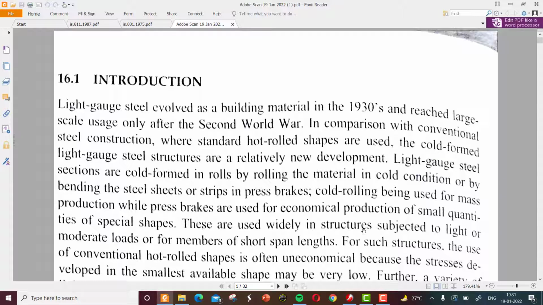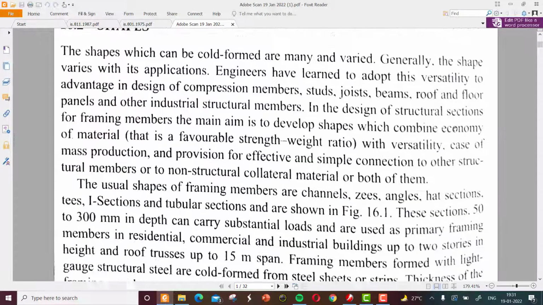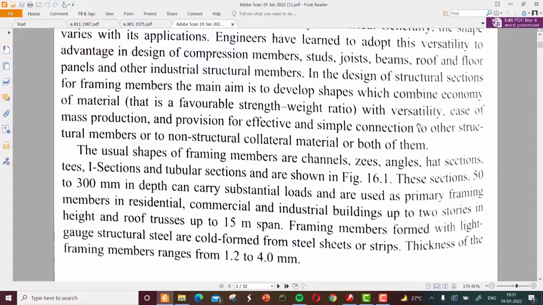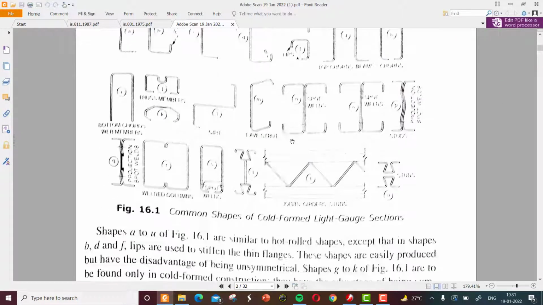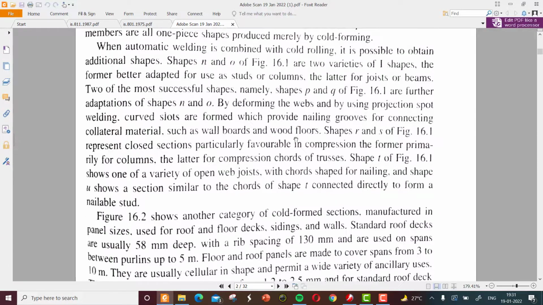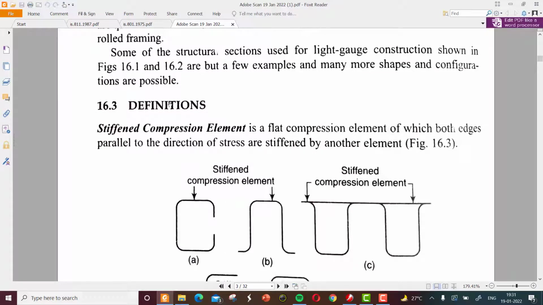So I have already shared this PDF to you on the cold formed steel design. In that PDF we have 16.1 as introduction, then the various cold formed steel shapes. These are the various shapes, and we already went through these definitions in the last video.